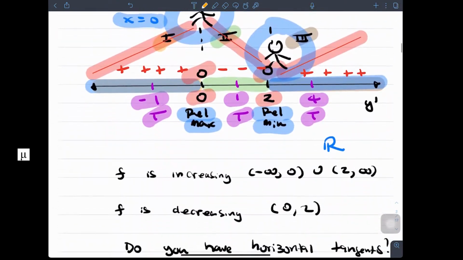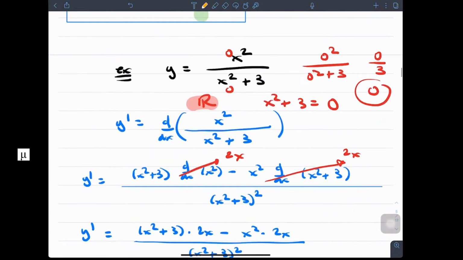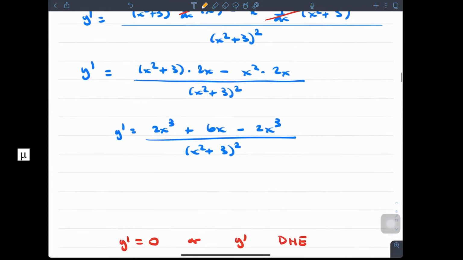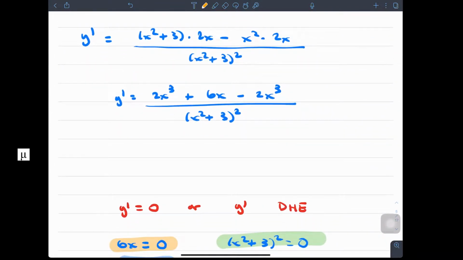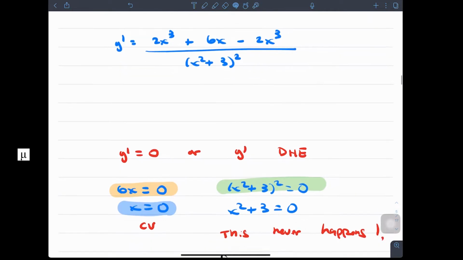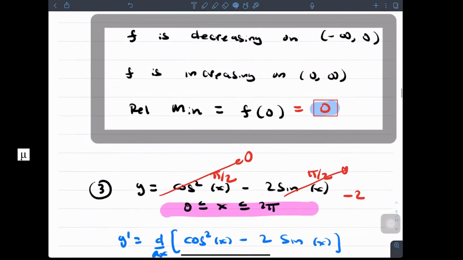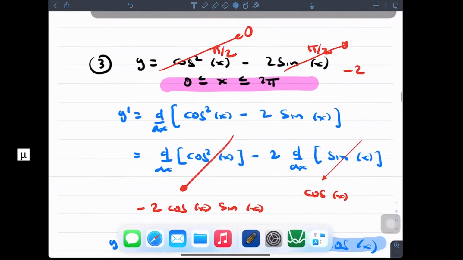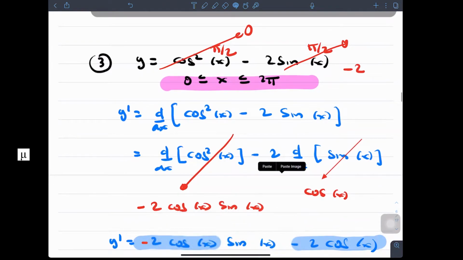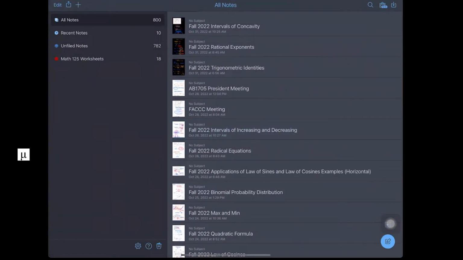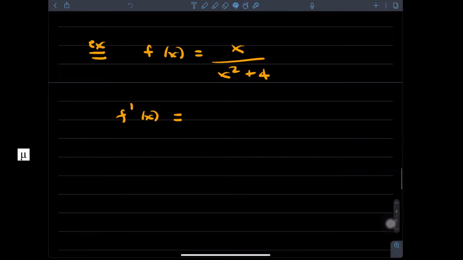Yeah. Okay. Is this the derivative? Oh, it's x squared on that one. Okay. Oh, maybe I did a typo. Maybe it's me. Oh, it is x squared. Typo. Okay, it was x squared.